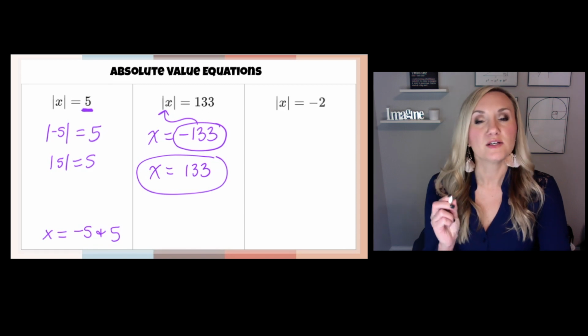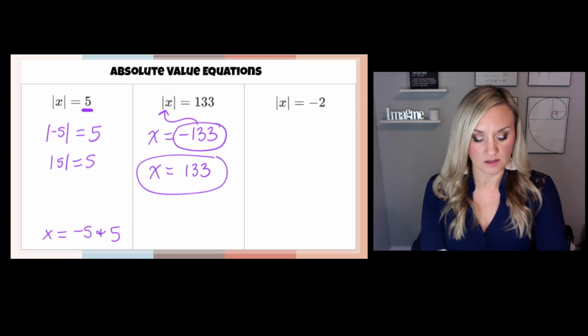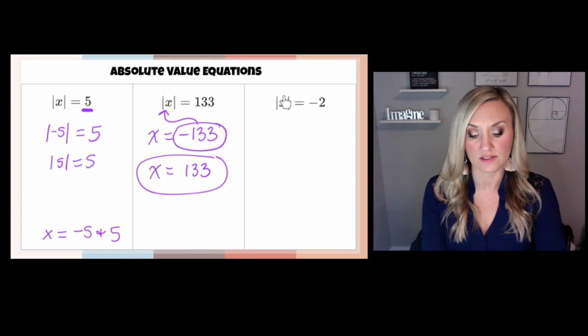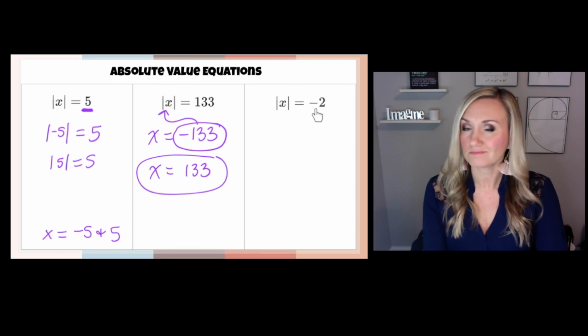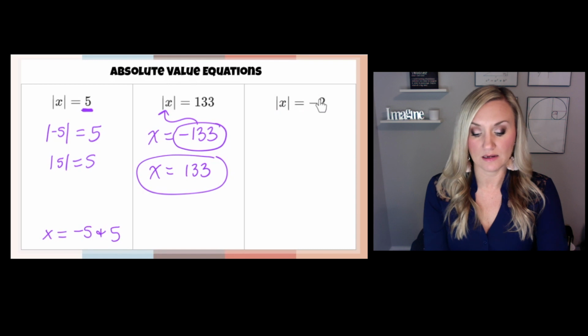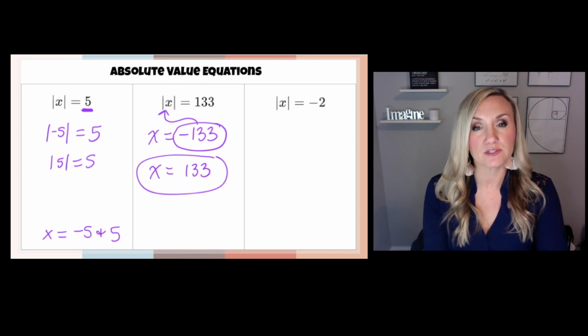All right, so the last example here, I want you to notice something. This example is telling you that anything we plug in for x, and we take the absolute value, gives us -2. Well, that can't happen, right? We cannot plug in any number for x and have it equal -2 because this is representing absolute value.